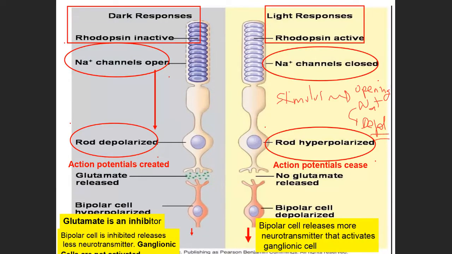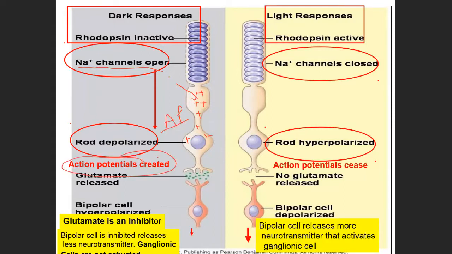So what happens with photoreceptors is that when light is not available and they're not being stimulated by light, that's when the sodium channels are open. And as the sodium channels are open, positive charges go into the cell, depolarizing the cell, creating an action potential. And the action potential causes the photoreceptor to continuously secrete a neurotransmitter called glutamate.